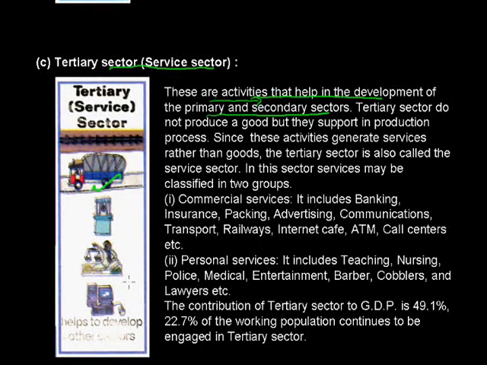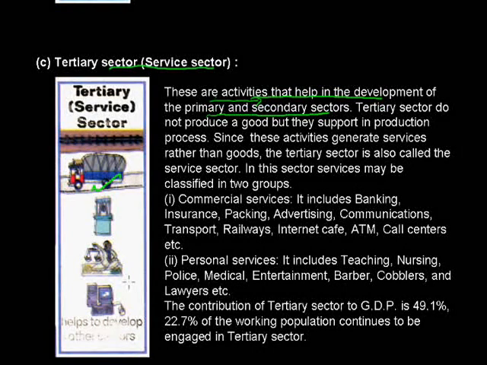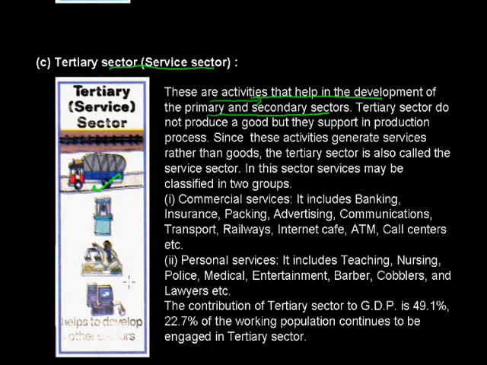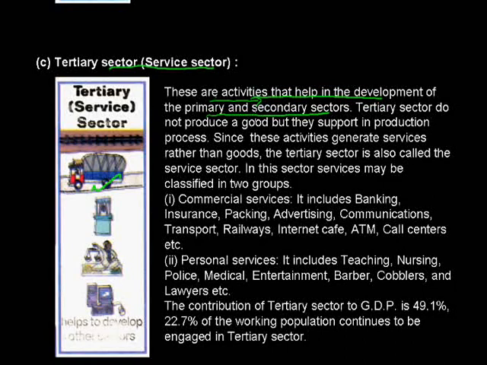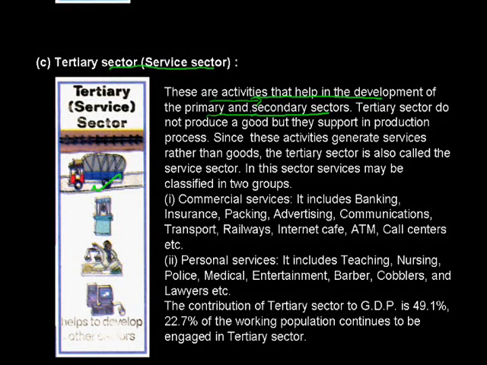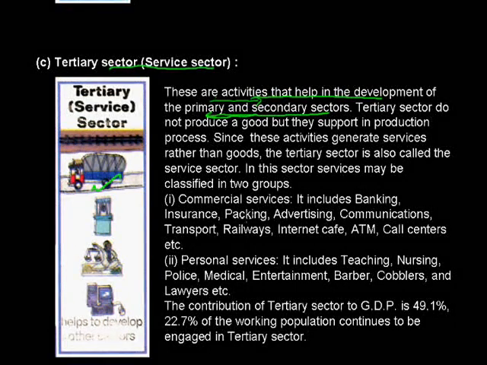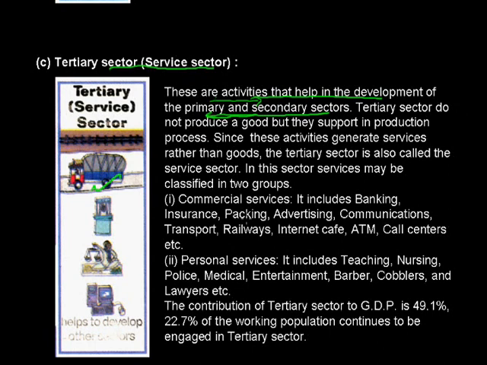Now for extracting the minerals, the primary sector requires various types of machines, and these machines are produced by the secondary sector. So these machines move to the primary sector. So they are interdependent, and this interdependency is developed by the tertiary sector.